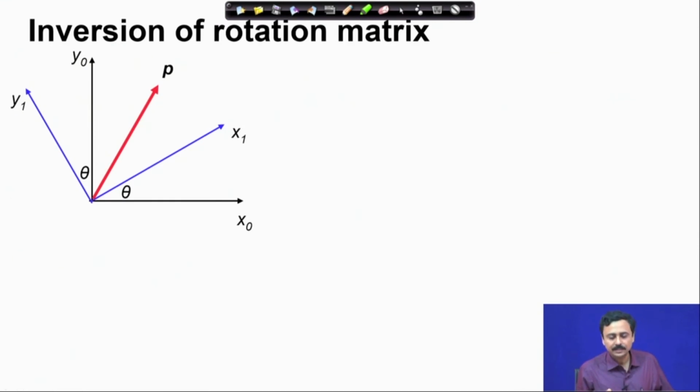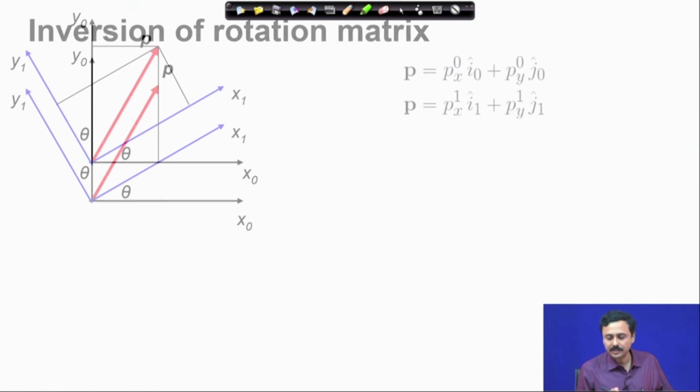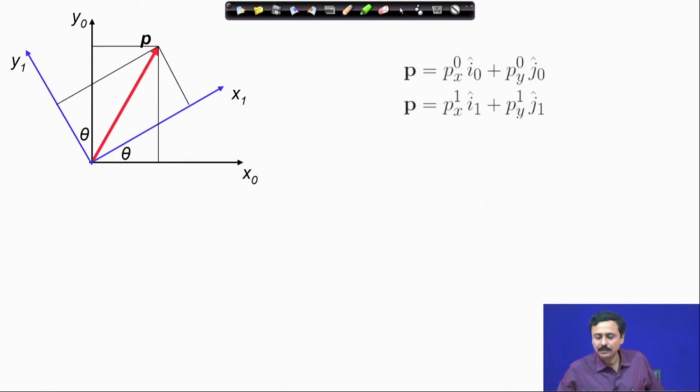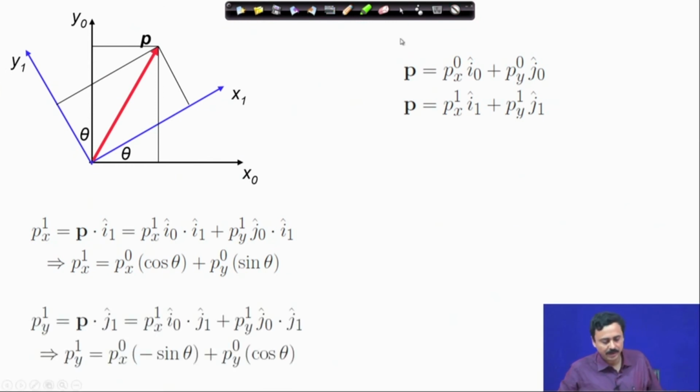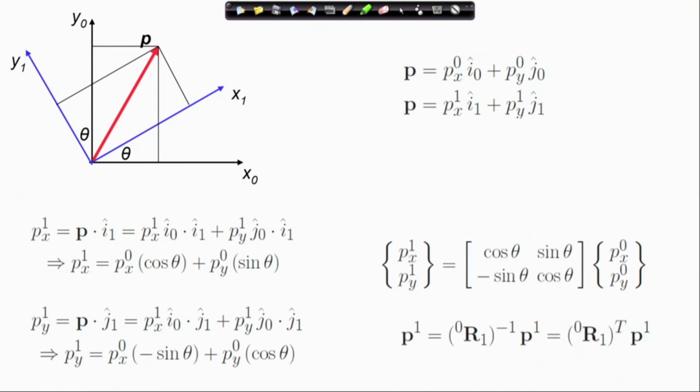Now, when we invert the rotation matrix, it is just the opposite of what you do before. You start with the vector representation in the two frames. Now, you do a dot product with I 1 cap to get P x in frame 1. That is the only difference. If you proceed this way, similarly you will get P y 1, and therefore, finally, you can represent this vector P in frame 1.